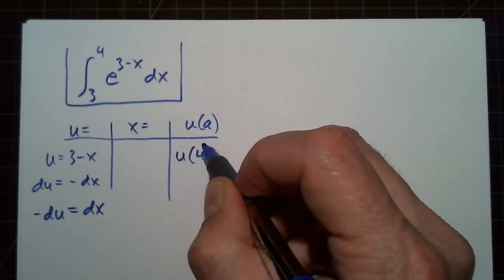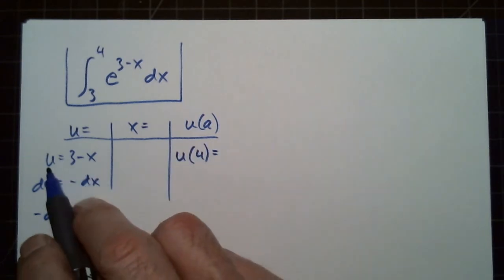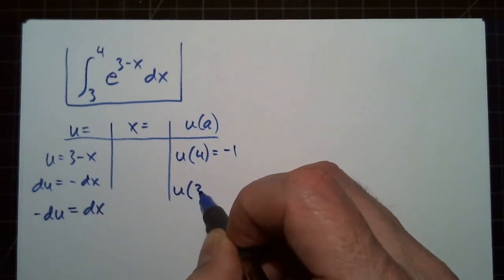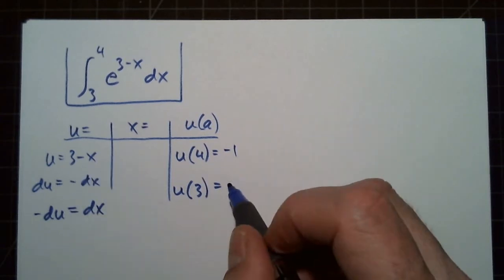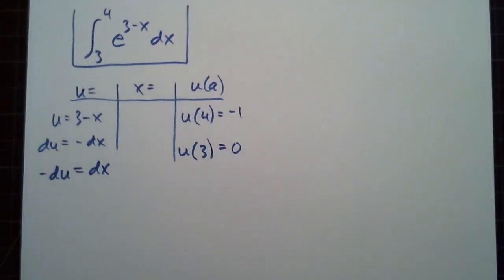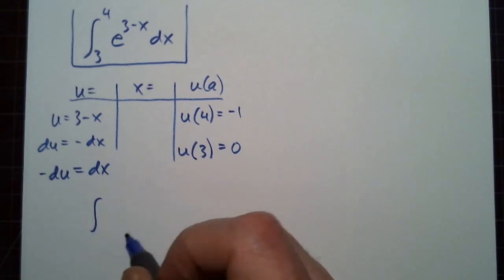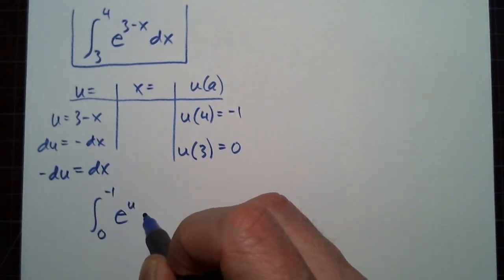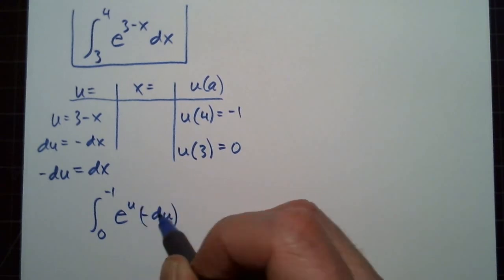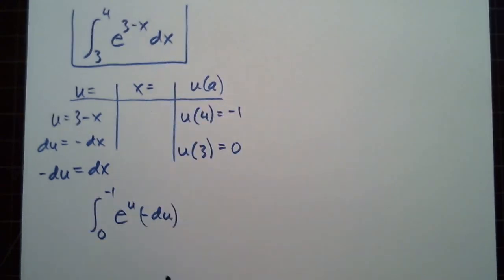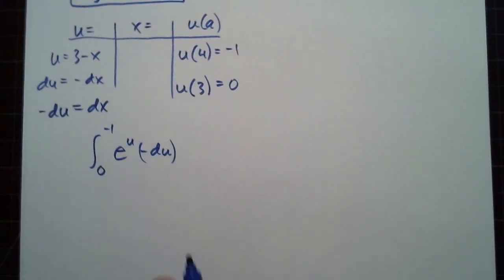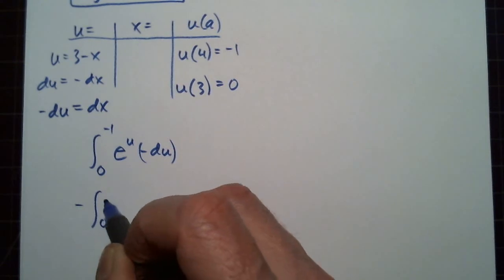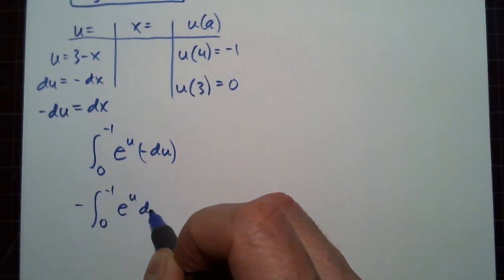U evaluated at 4. U at 4 is 3 minus 4. U at 3 is 3 minus 3. So now we integrate from 0 to -1, e to the u, negative du, substituting for dx, and negative 0 to -1, e to the u du.